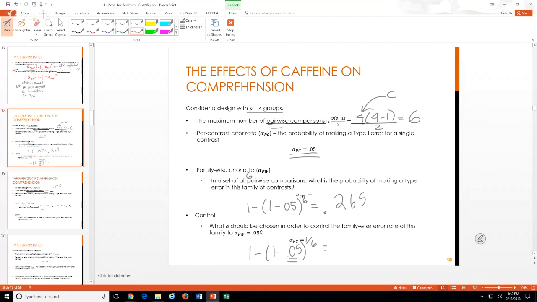What did you get for this? 0.009. Yeah. So we're really going to have to look at each of those individually on a really small alpha so that we can maintain the overall error rate of 0.05. Good. Yes.